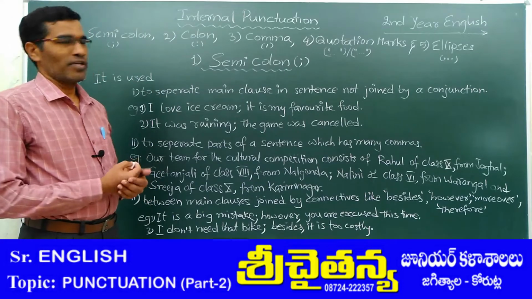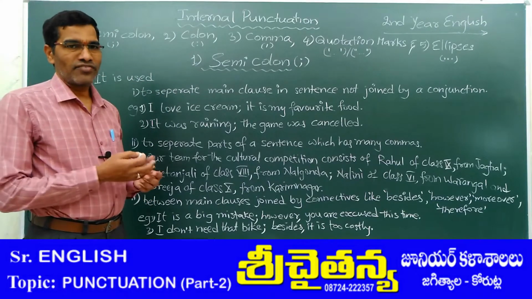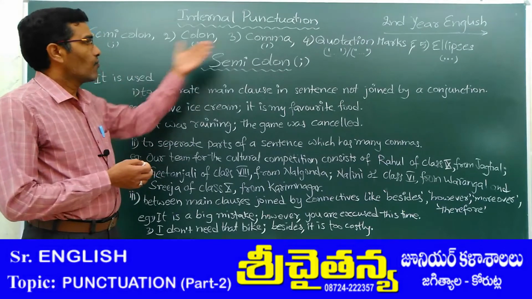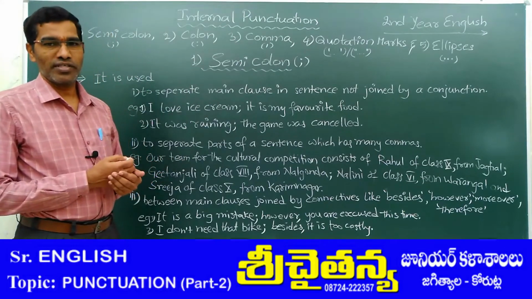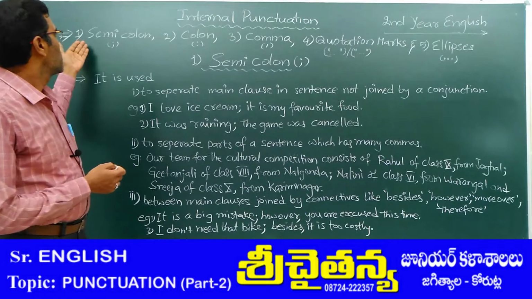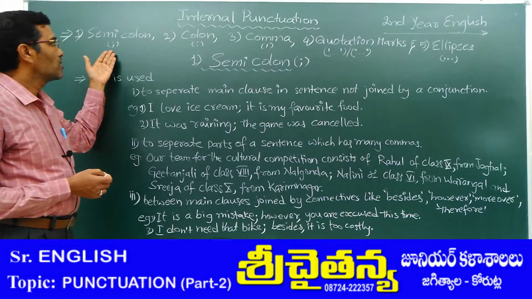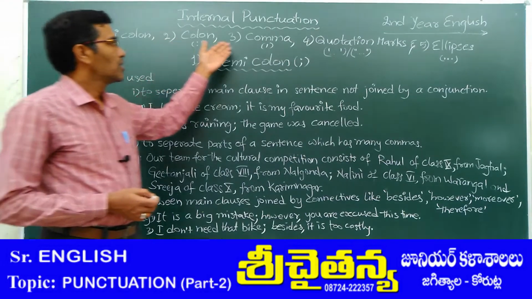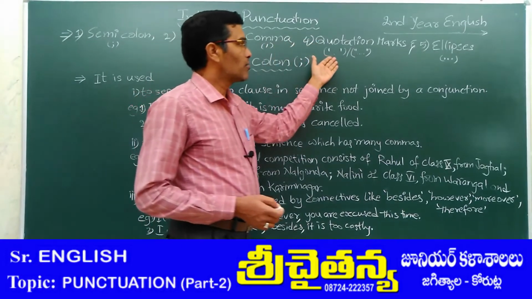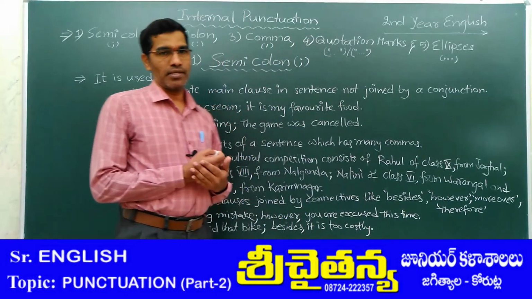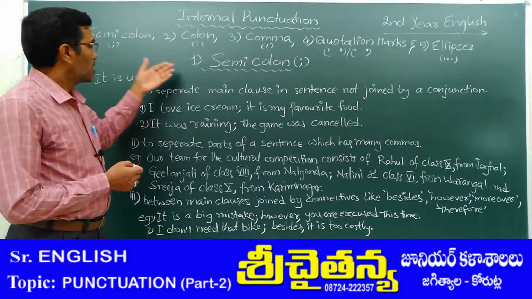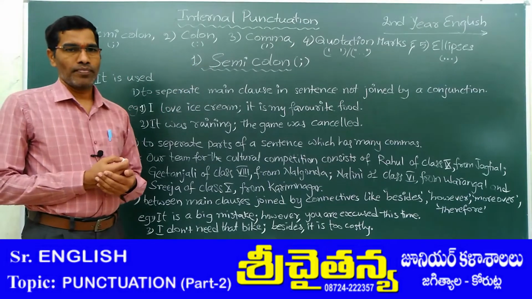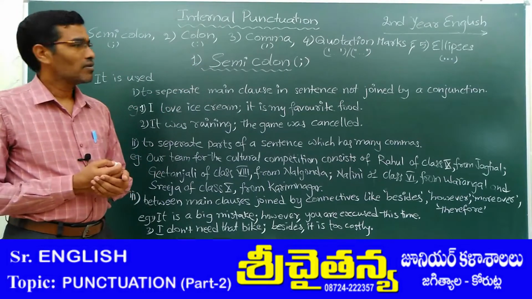As we discussed, there are 5 internal punctuations: semicolon, colon, comma, quotation marks, and ellipses. Let us begin with semicolon. What is the semicolon? What is the symbol?